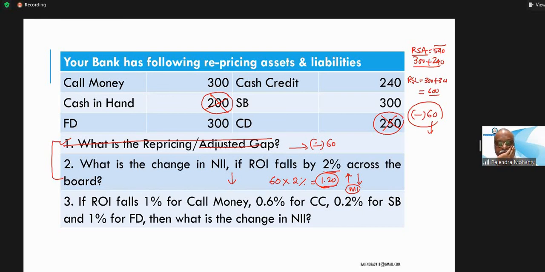It decreases, sir. Increase, sir. Shilpa, increase. Kiran also increase.